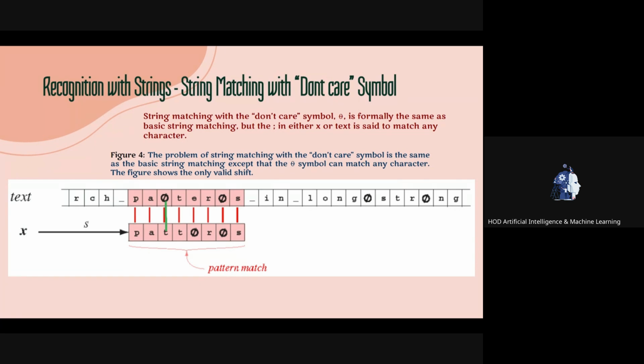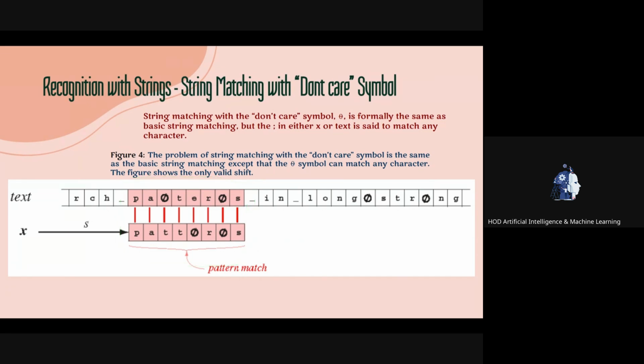When you find a character matching with don't care, you consider that as a matched character. T is matching, and don't care is matching with E. R is matching, don't care to don't care matches, and S to S matching. So here it shows 100% match.